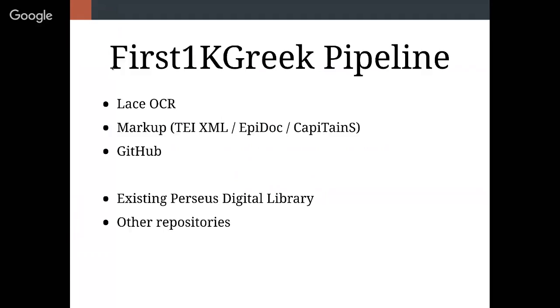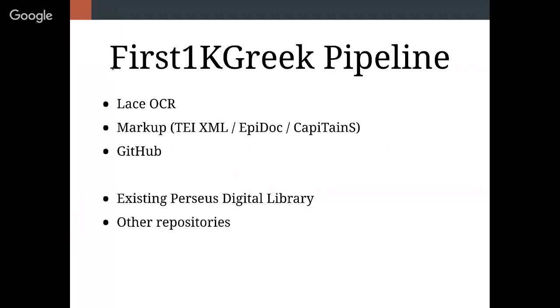The texts need to be marked up in TEI XML in a particular way, and then they're put in GitHub. GitHub is used as the store of these marked up texts, and we'll talk a little bit about what the structure of repositories on GitHub needs to be.